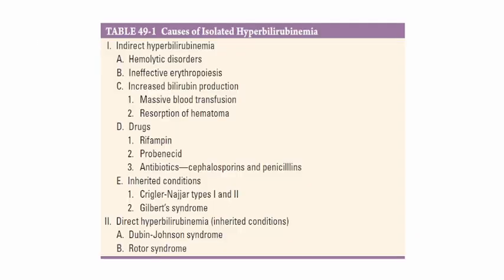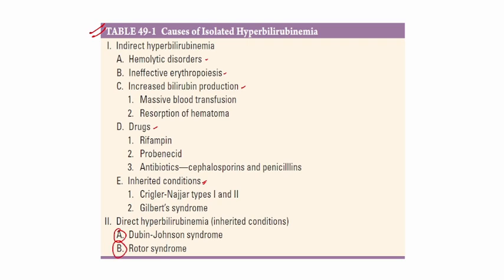Now, what are the causes of isolated hyperbilirubinemia? This is a table from Harrison's. Indirect hyperbilirubinemia is caused by hemolytic disorder, ineffective erythropoiesis, increased bilirubin production, and drugs. Inherited conditions also. Direct hyperbilirubinemia has only two causes: Dubin-Johnson and Rotor syndrome.